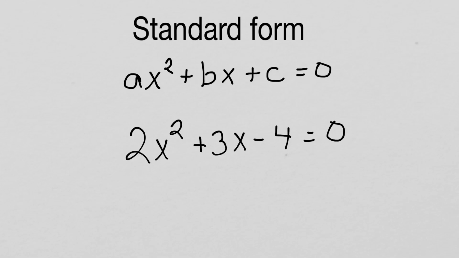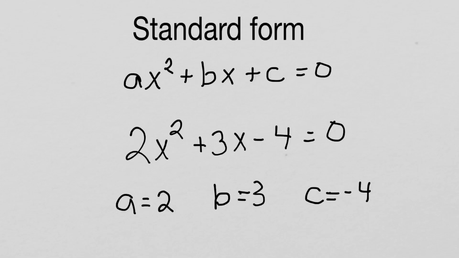In this, a equals 2, b equals 3, and c equals negative 4. See where that comes from. There's your a, this plus 3 is your b, and this negative 4 is your c. So there's your a, b, and c.